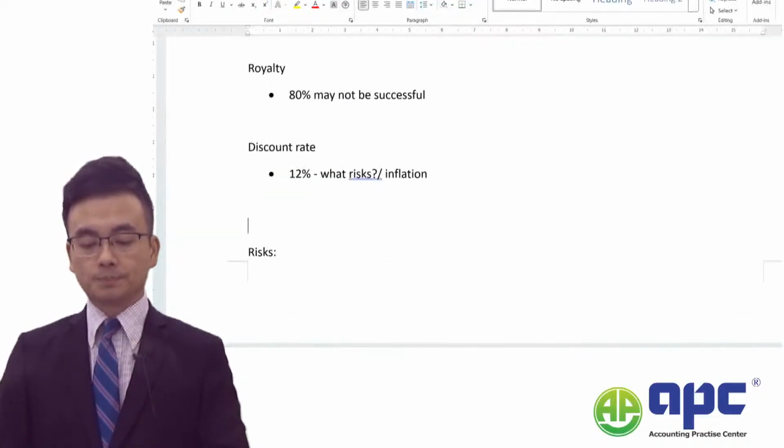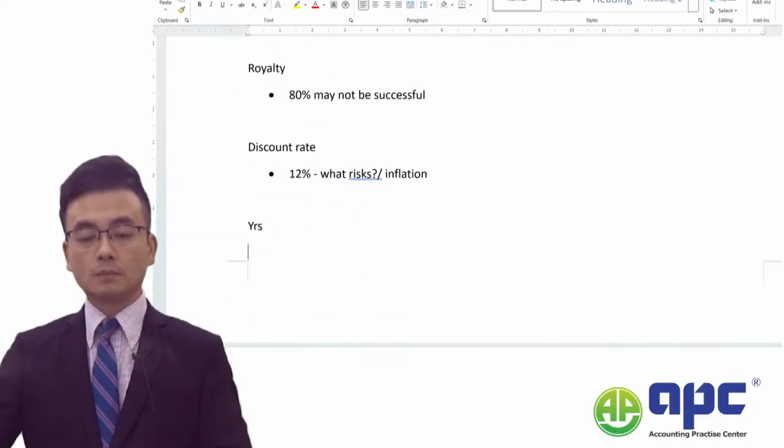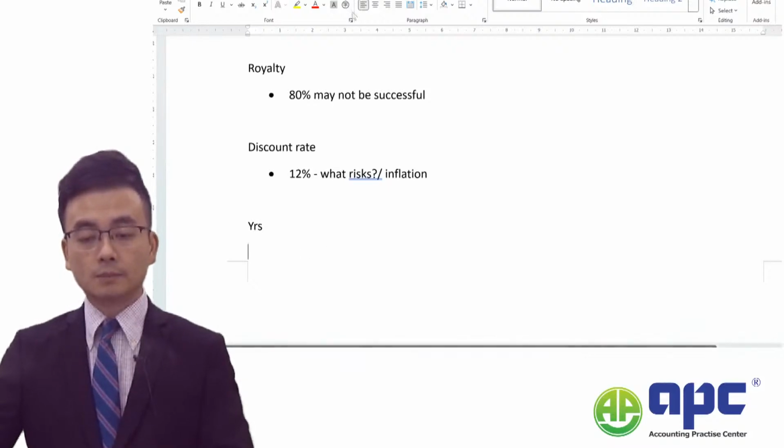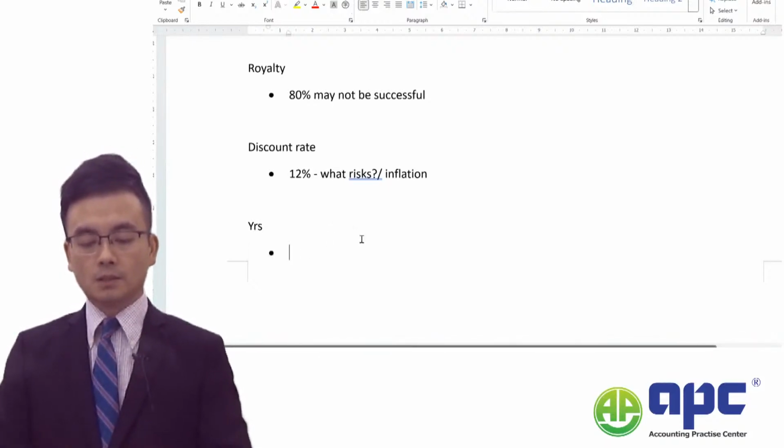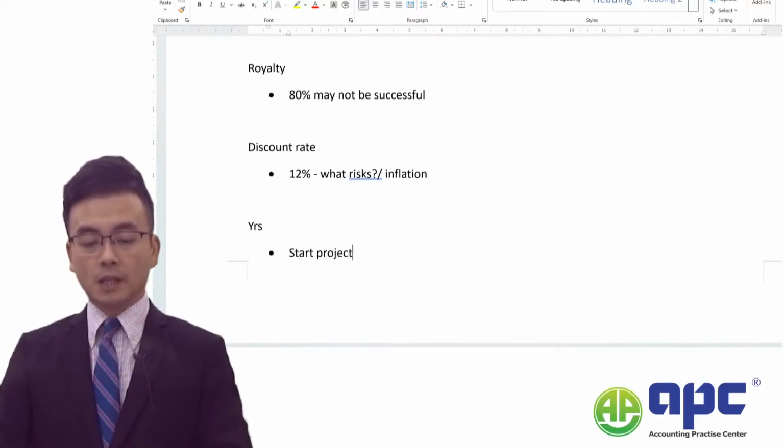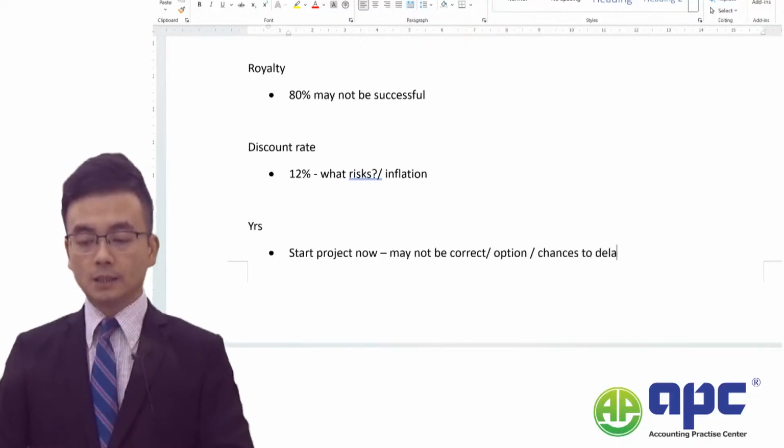So, for example, the years, we can say that starting the project now may not be correct, because there might be an option, alternatively, or the chance to delay the project.